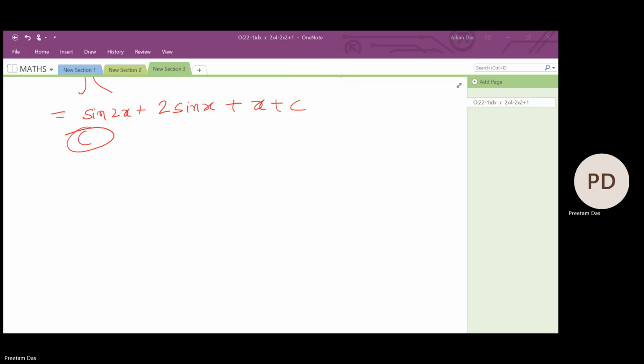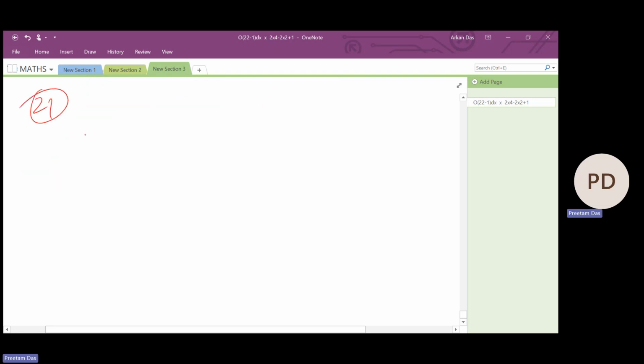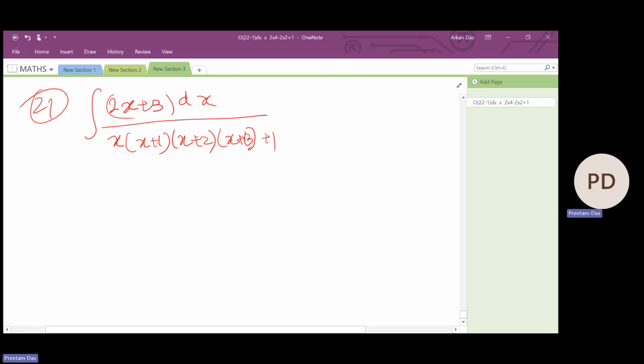Okay. Let us see the next one, 21st. Again, numerical, 5 percent start. So here in this case, it is 2x plus 3 dx divided by one giant expression in terms of algebra: x plus 2, x plus 3, and then plus 1.